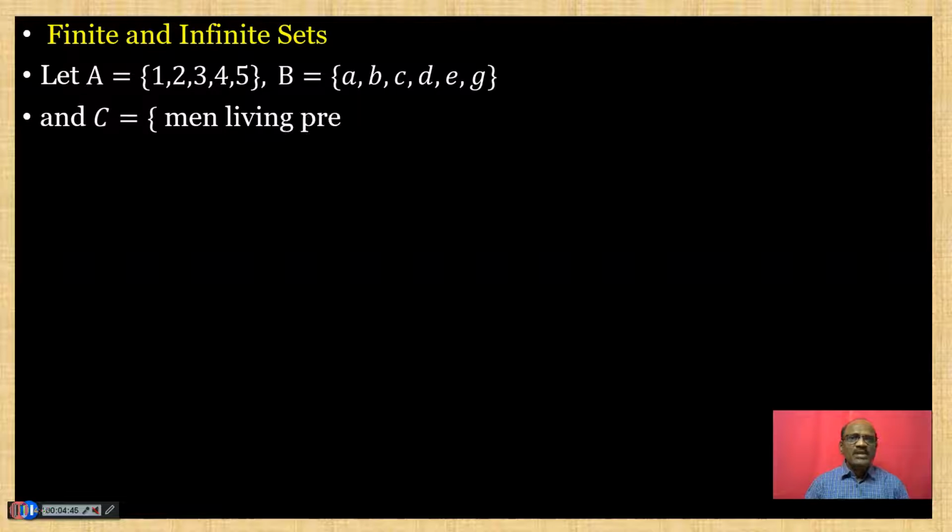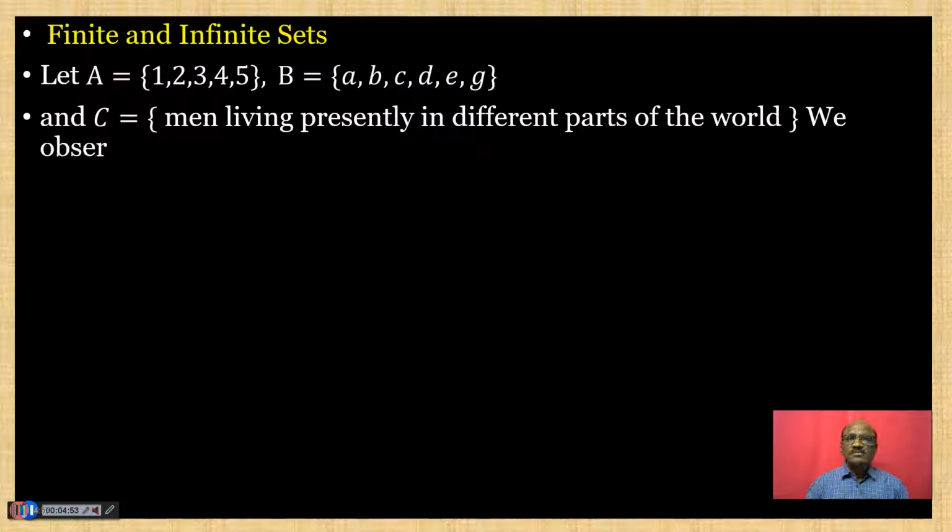Finite and infinite sets. Let A = {1, 2, 3, 4, 5}, B = {a, b, c, d, e, g}, and C = the men living presently in different parts of the world.